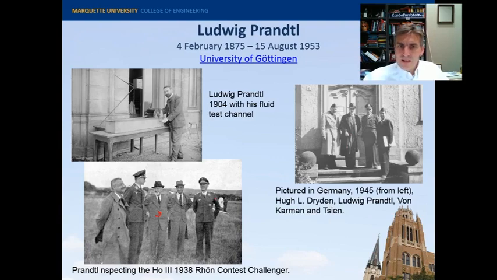That's him, as it says here, pictured in Germany in 45 with Dryden, as in NASA Dryden, with Prandtl, there he is, with von Karman, there's von Karman, who started JPL and was a student of Prandtl, and then Shin, who was at Caltech and eventually worked in the department that von Karman worked to start. So, cool picture of some greats in aerodynamics.